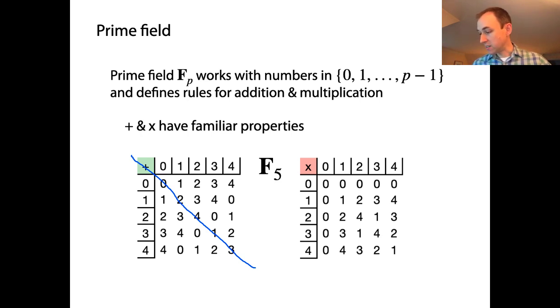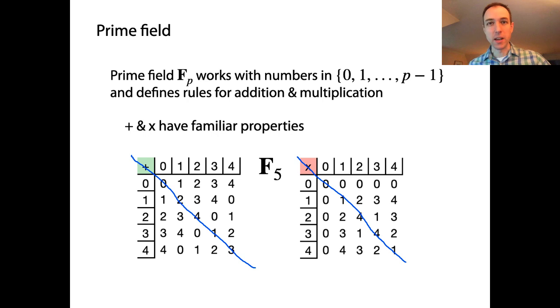And as expected, the multiplication table is also symmetric. It's kind of nice because the fact that these are the only numbers we need to worry about, those are the only numbers in this prime field, means that we can write down the finite number of possible addition and multiplication problems in these tables.